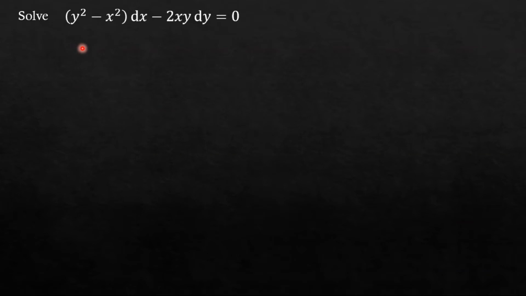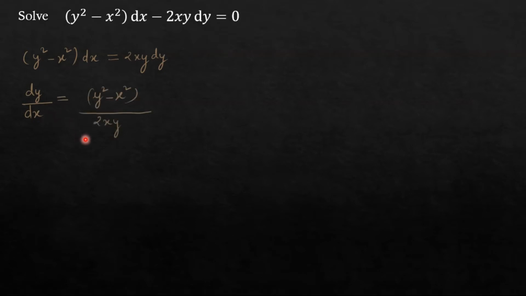Here we have been given a differential equation: y square minus x square into dx minus 2xy dy is equal to 0. So I can write this as y square minus x square dx is equal to 2xy dy. Further I can write dy by dx is equal to y square minus x square divided by 2xy.